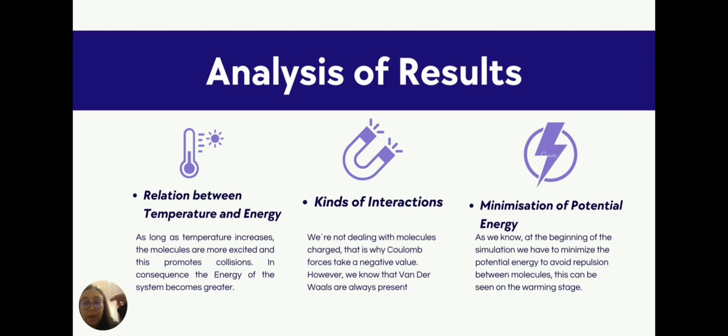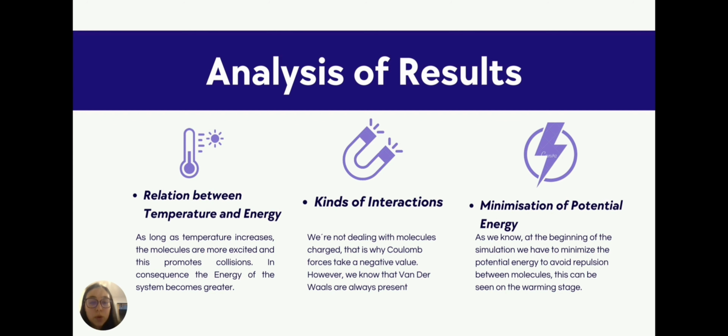But at the beginning, when the molecule is not colliding with other molecules, it decreases, and when it starts to interact with other molecules, it rises again. So that is why we can see a direct relation between temperature and energy.